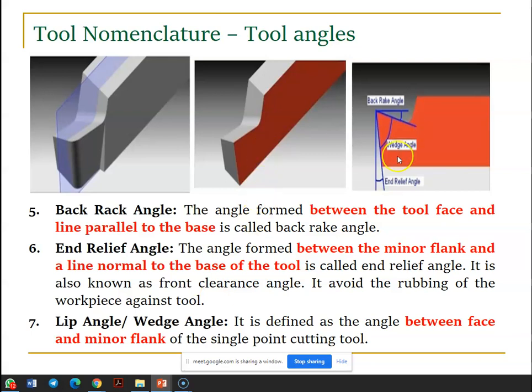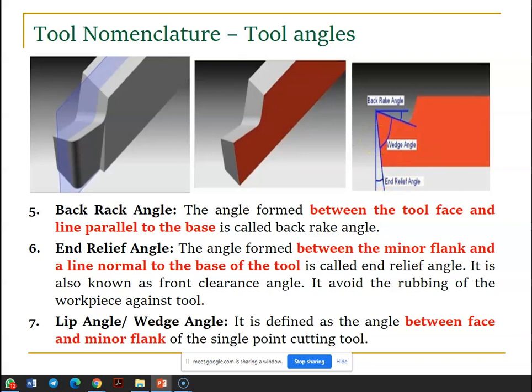And we have the lip angle or wedge angle, right? It is the angle between the face and the minor flank of the single point cutting tool.